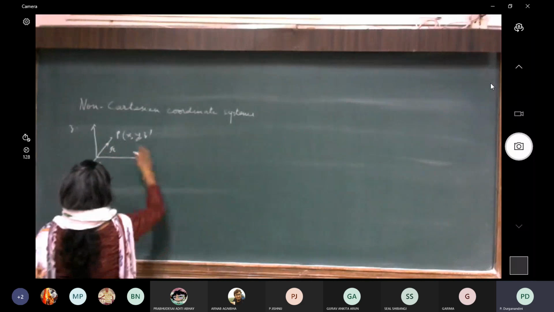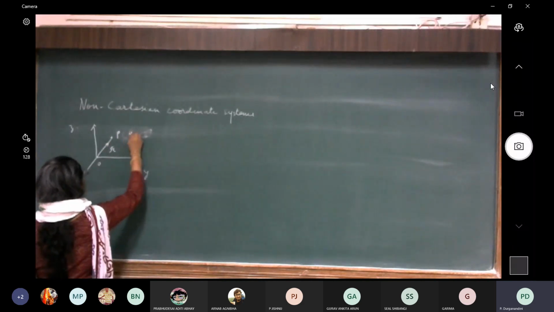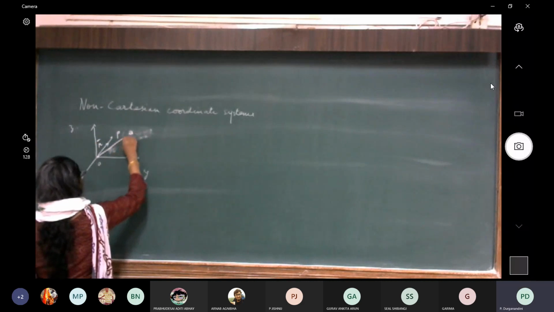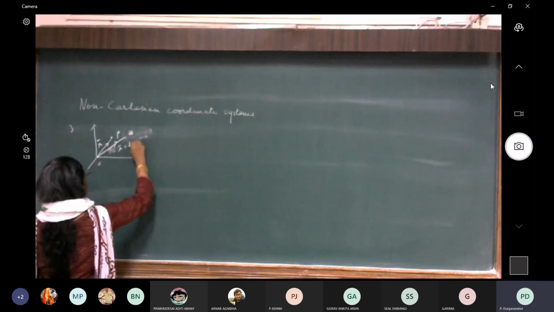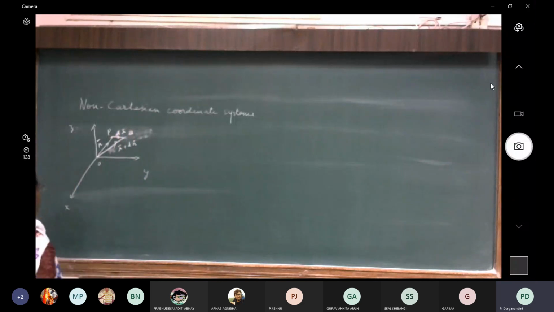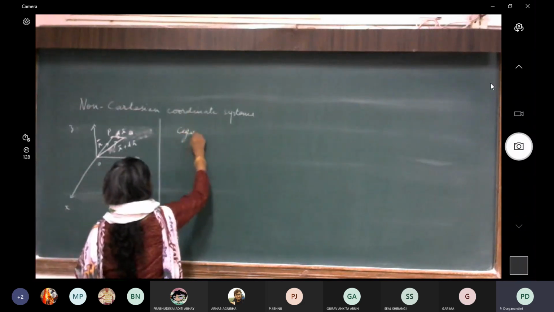Now let's assume that I also have an infinitesimal displacement of this point to some other point Q. When I'm drawing it on the board, of course, it doesn't look infinitesimal at all. We mean that this dr is infinitesimal. And let me again use, as an example, cylindrical polar coordinates.